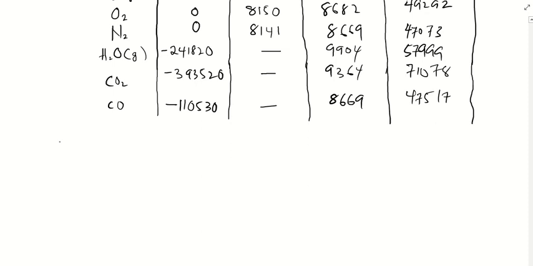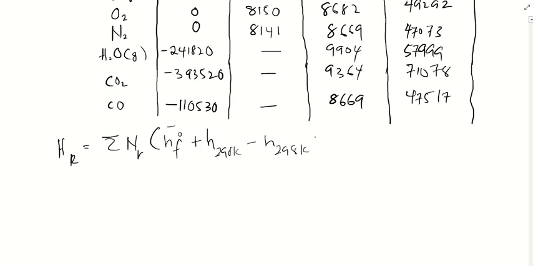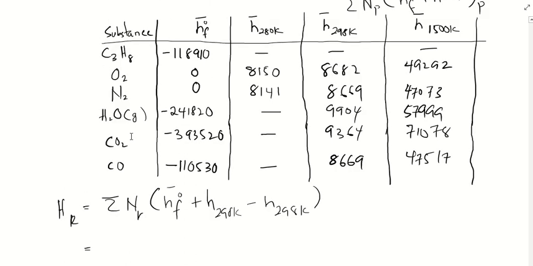So next you calculate for H reactant. So H reactant is the total of N R times the enthalpy of formation plus H at 298 Kelvin minus H at 298 Kelvin. So what we have is actually C3H8.